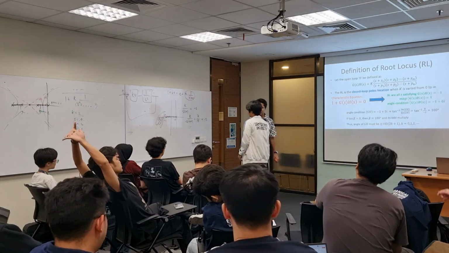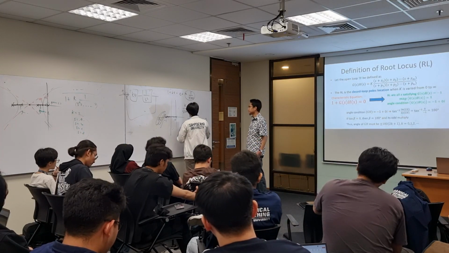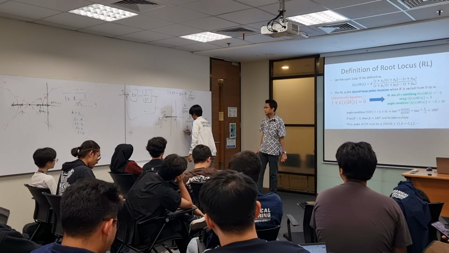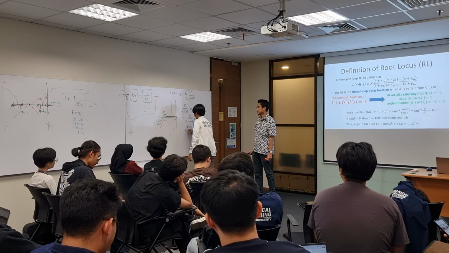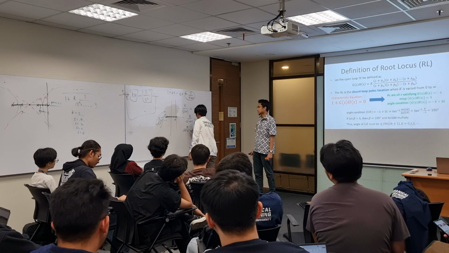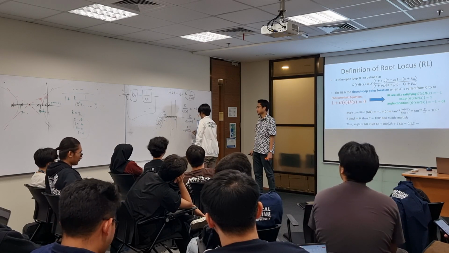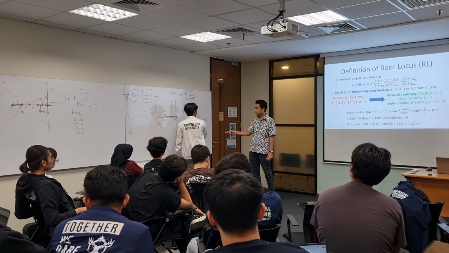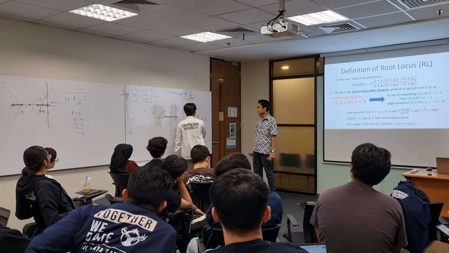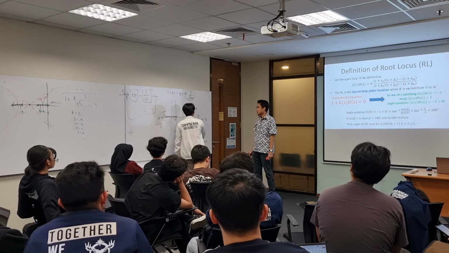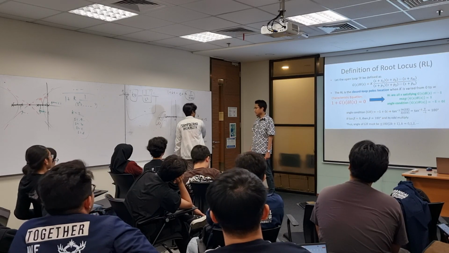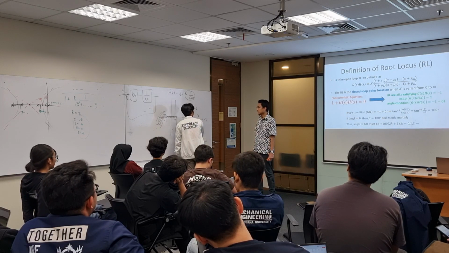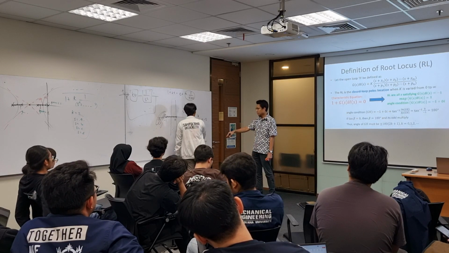Minus 0.5 plus 1 becomes plus 0.5, and then you multiply by minus 0.5. It becomes minus 0.25.